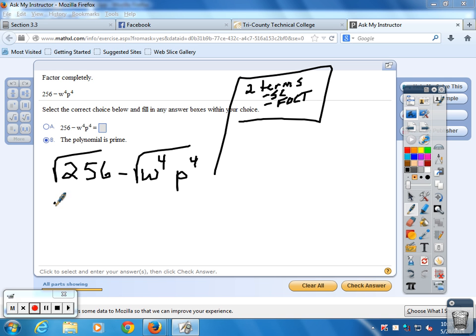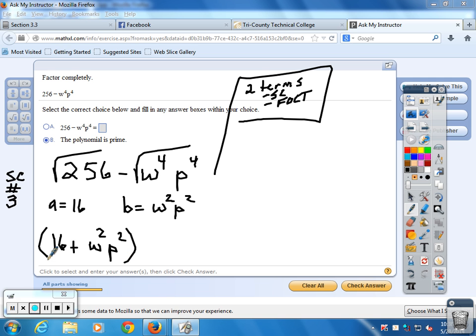So A is equal to 16. B is equal to W squared P squared. So my shortcut number 3 tells us 16 plus W squared P squared times 16 minus W squared P squared.